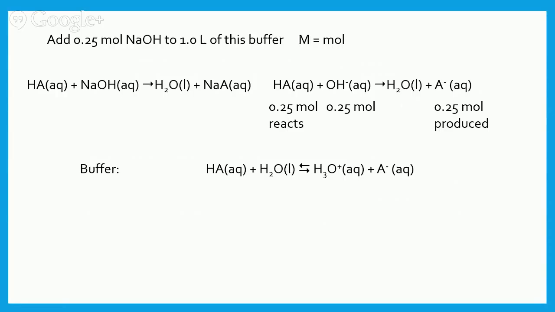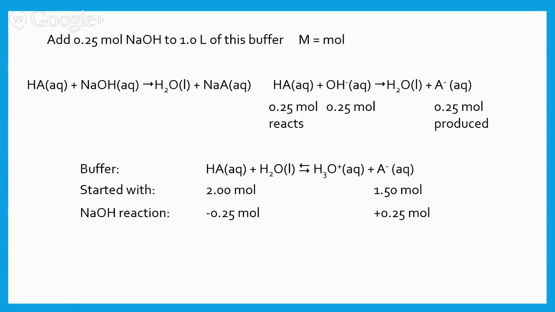So if you go back to the original equation for this buffer system, we started off with 2 moles of weak acid and 1.5 moles of conjugate base per liter. And after this neutralization process happens, we're going to lose 0.25 moles of our weak acid and gain 0.25 moles of our conjugate base, which means after everything's done, we're left with 1.75 moles of weak acid and 1.75 moles of conjugate base.